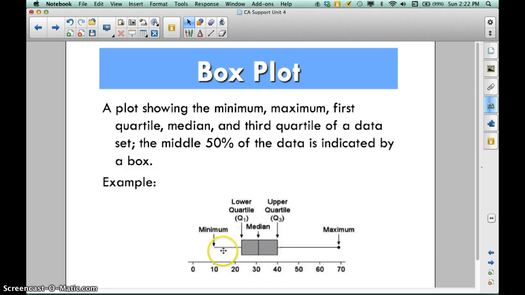Now sometimes your box is longer and sometimes it's shorter, but half of the data in the set will always be contained in that box. 25% is between the minimum and the bottom of the box, so the first quartile, and the remaining 25% of the data is between the third quartile and the maximum. And so this gives us a lot of information about the data.